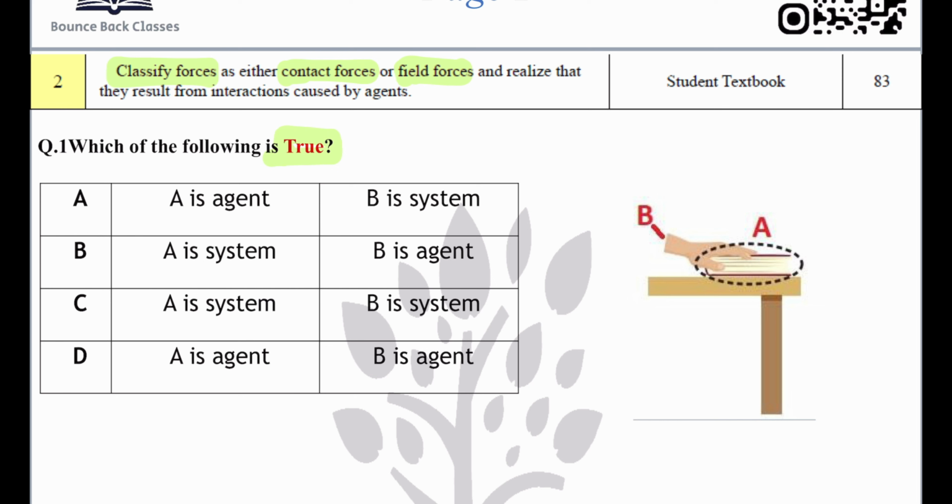Who is agent and who is the system? I told you A is your system. Book is your system. Yes or no? And B is your agent, the one who is applying the force. Clear? So A is system, B is agent. So what is the right answer? Answer B is your right answer. Clear? Okay.